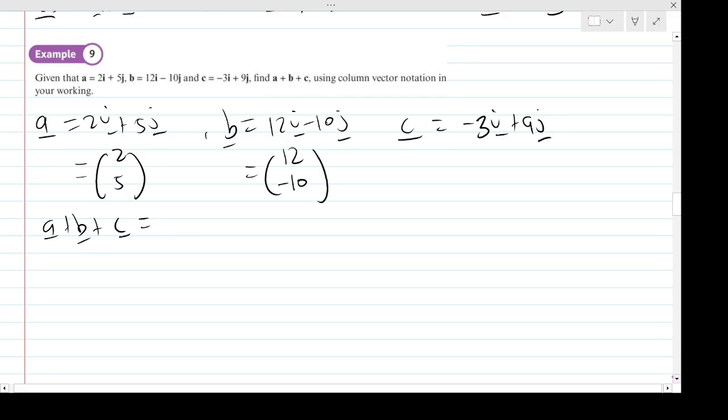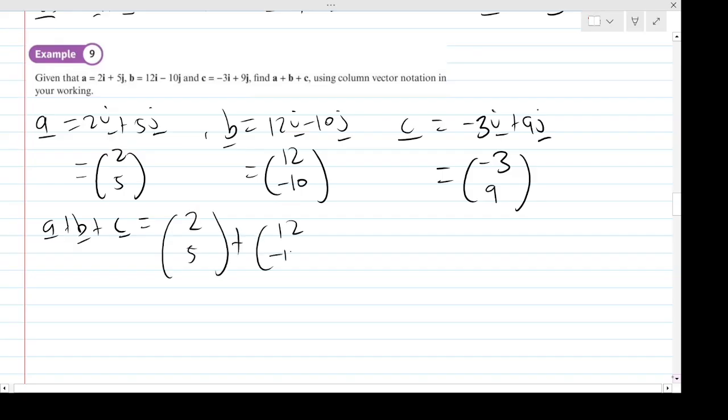Because again, the i and the j just means the x and the y part, right? But there we are. Then the vector C, minus 3i, that's minus 3 at the top, then 9j, 9 at the bottom. And there we are. So then if we're adding these three together, we can add them as columns. So 2 and 5, add B, which is 12 minus 10, add C, which is minus 3, 9.